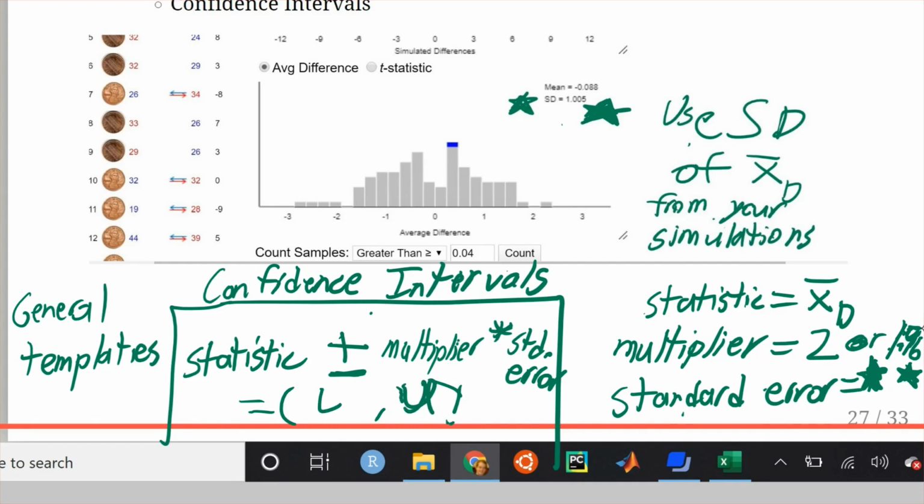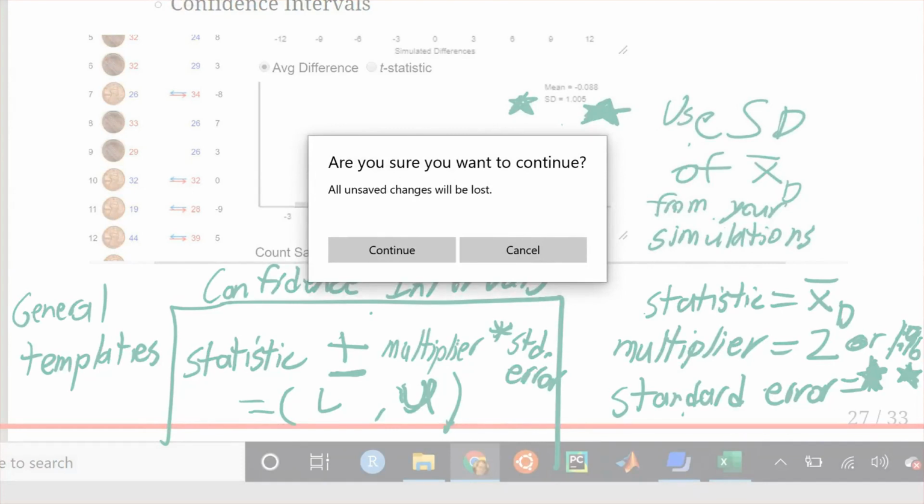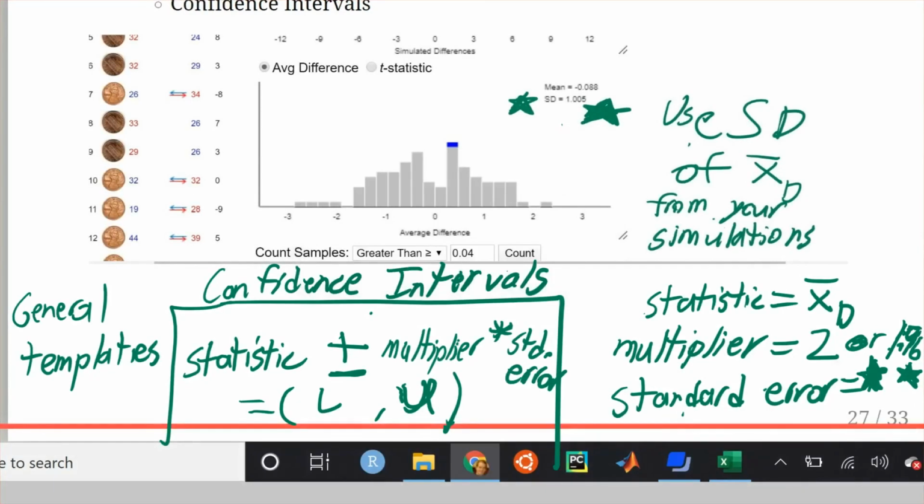L for lower, U for upper. And there you have the confidence interval. So yeah, remember when you do simulations, the standard deviation of sample statistics is your standard error. I'll save this as well.